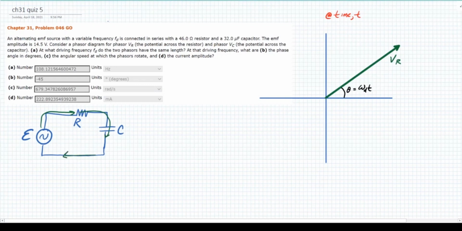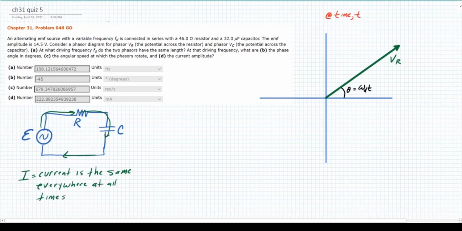So I, the current, is the same everywhere at all times.